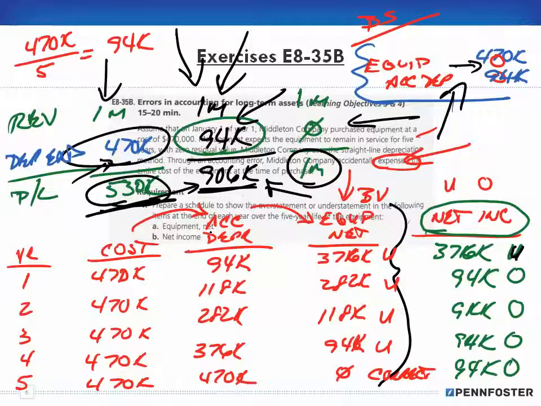I know the screen looks a little messy, but like I said, go back and rewatch it. If you don't understand straight line, go back and look at the theory videos. This is just another example of how, if you understand the concepts and the relationships, you can explain it. But if you don't see the relationship between the balance sheet and the income statement and how one number affects another, then you definitely have to go back and restudy the depreciation aspect.